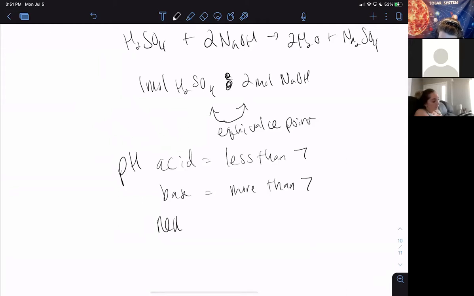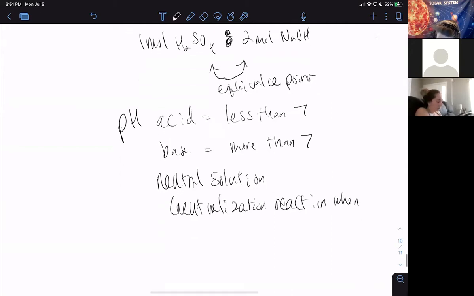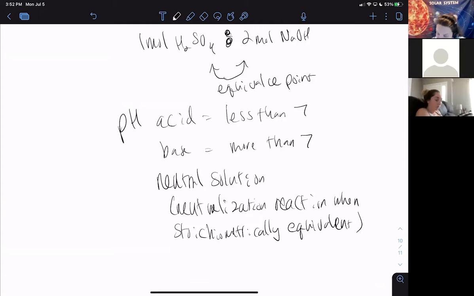And if we have a neutral solution, such as what you get from a neutralization reaction, when we are stoichiometrically equivalent, this is not always true, but for this semester, when they are stoichiometrically equivalent in a neutral solution, that is going to be a pH equal to 7.